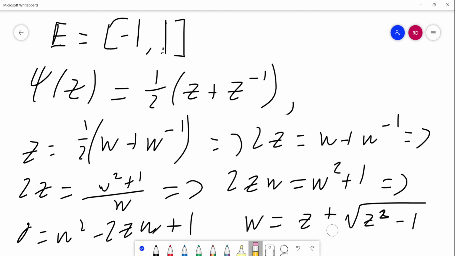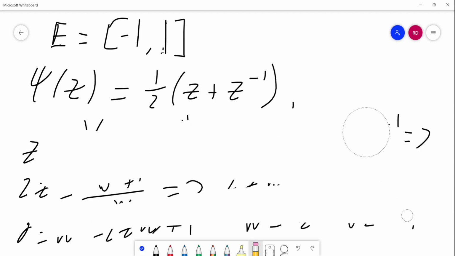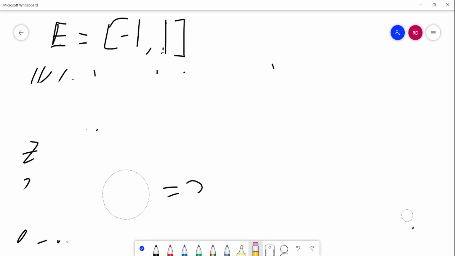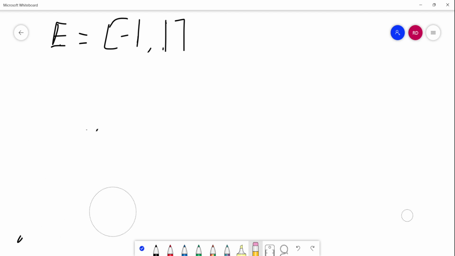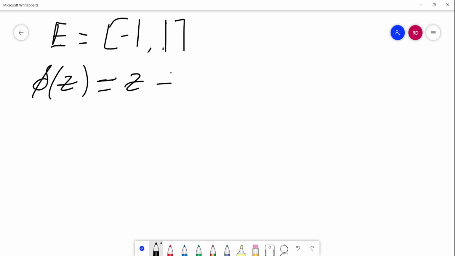Therefore, we get that the inverse of this, phi of z, is z plus the square root of z squared minus 1.